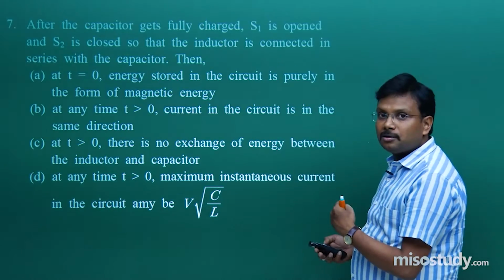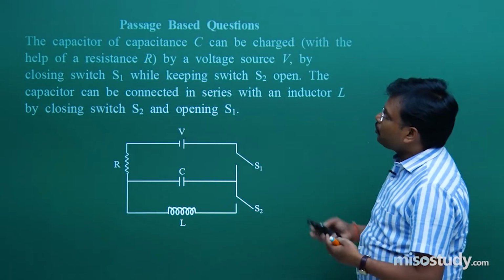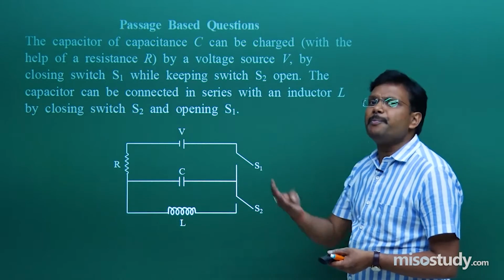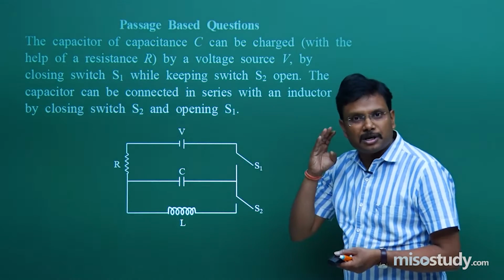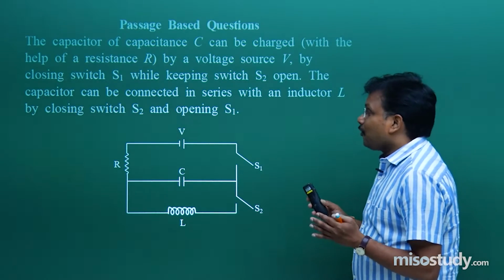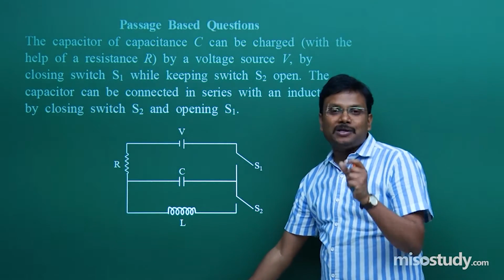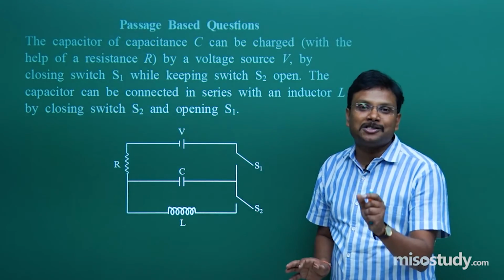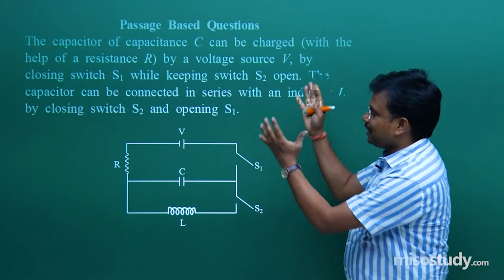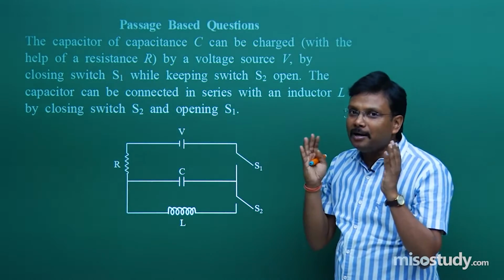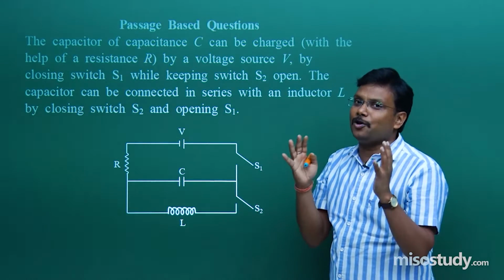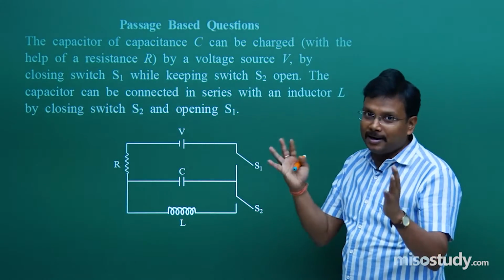It is a passage based question, and I picked 3 questions based upon this paragraph, that is questions 6, 7 and 8. So for the time being, please don't allow any other thought in your mind. Just try to put this entire explanation in your mind so that when I come to the questions, it's easier for you to grasp.